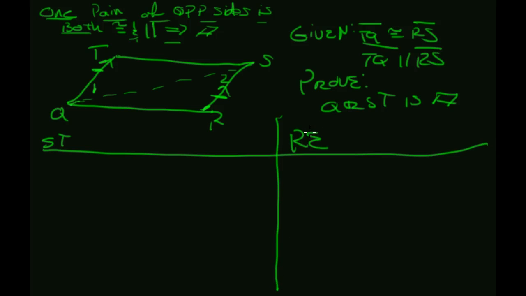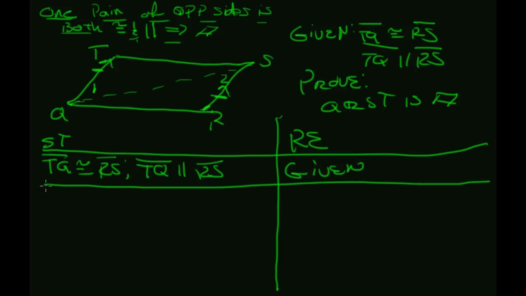Okay, so right off the bat, I have a bunch of information. TQ is congruent to RS. TQ is parallel to RS. I have that because it's been given to me. If these are parallel, then angle 1 has to be congruent to angle 2 because they're alternate interior angles.